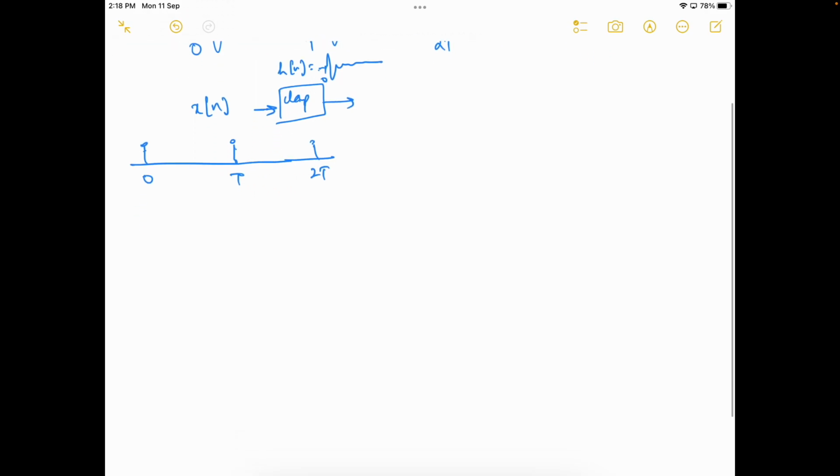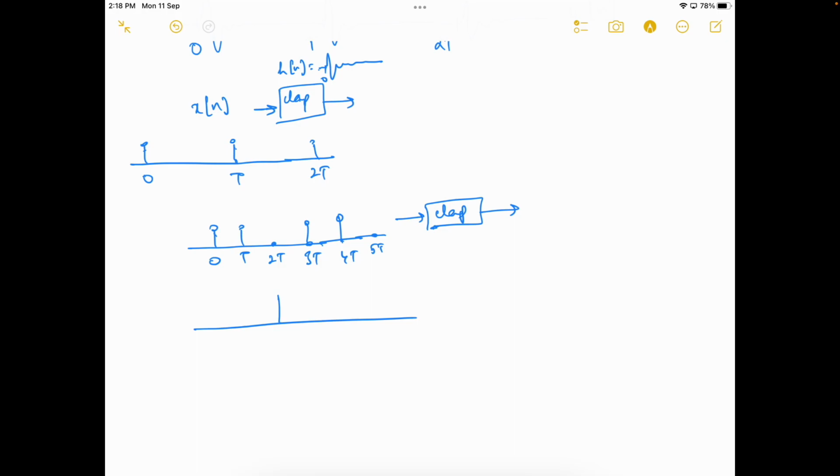Let's say this is my x of n. At 0 and T I pass through here, and at 2T I don't have anything here. Then again at 3T I have this, at 4T again I have this, and 5T again is empty. This one I pass through my clap, and the other one I pass through the tick sound.